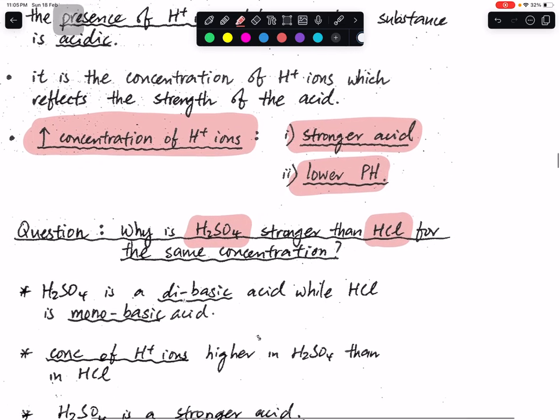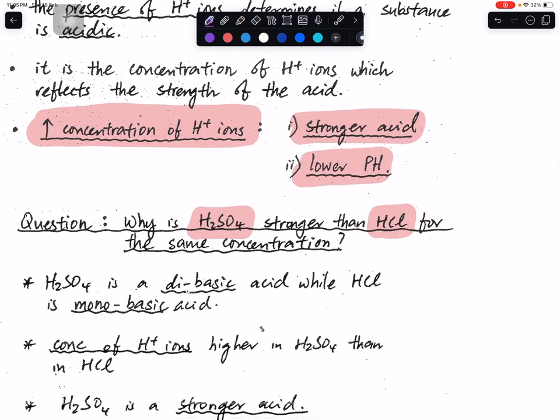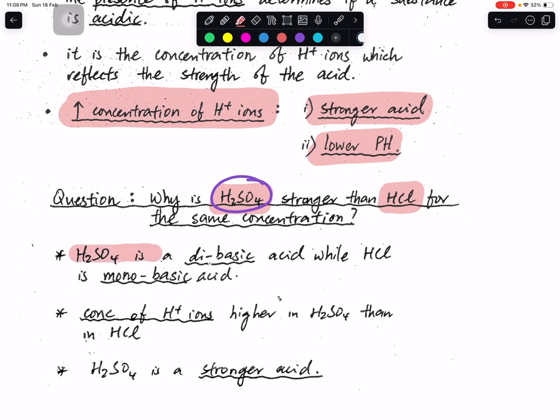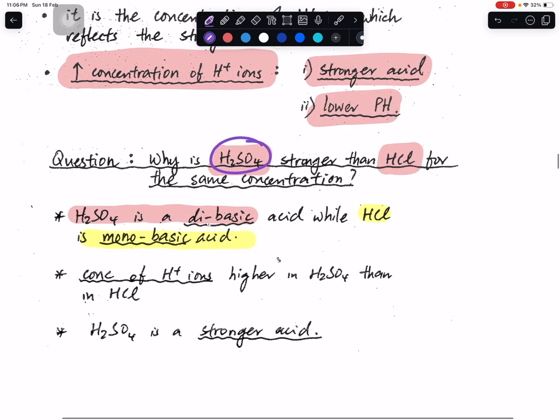Just by looking at the formula, you'll realize that H2SO4 will be the stronger acid because it has more hydrogen. We can classify H2SO4 as dibasic and hydrochloric acid as monobasic. Dibasic means it will release 2 H+ per molecule, and monobasic means it will release 1 H+ per molecule.